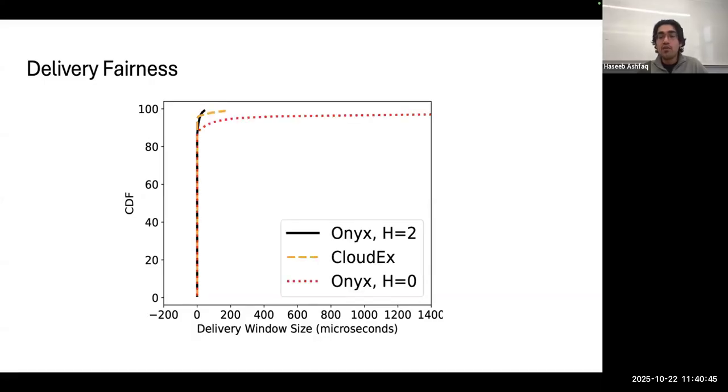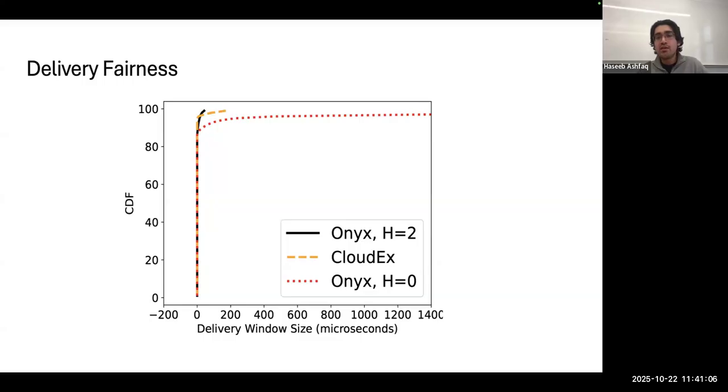And we have Onyx and we have a prior system, CloudEx. We compare Onyx under different configurations, and we see that we are able to achieve a delivery window size of close to zero. Close to zero here really means less than 1 microsecond.